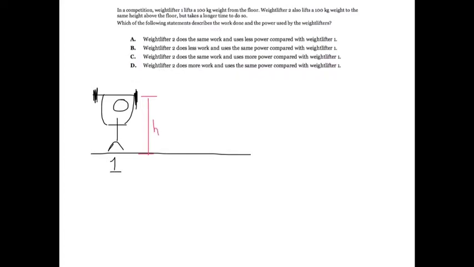Weightlifter number 2, we'll make weightlifter number 2 blue, also lifts a 100-kilogram weight to the same height. Oh. All right, well, that's simple. But takes longer to do it. Okay, so this guy is slow. All right, which of the following statements describes work done and power used by the weightlifters?